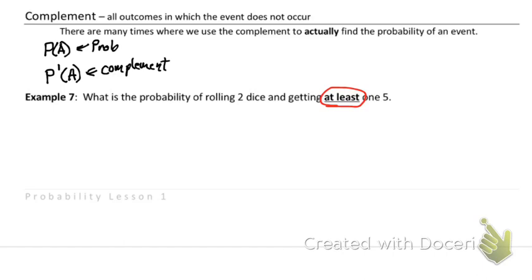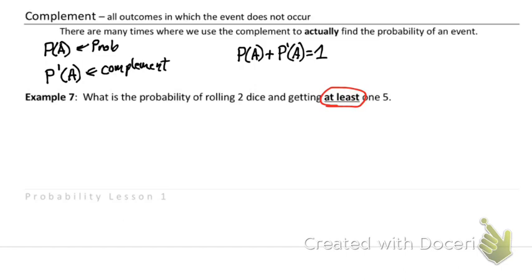And the important part with a complement is the probability of something happening plus the probability of something not happening has to equal 1 or 100%. Well, that makes sense because it's covering all your bases. Probability of something happening versus it not happening, you have a 100% chance of something either happening or not happening. So it's going to equal 1 or 100%.